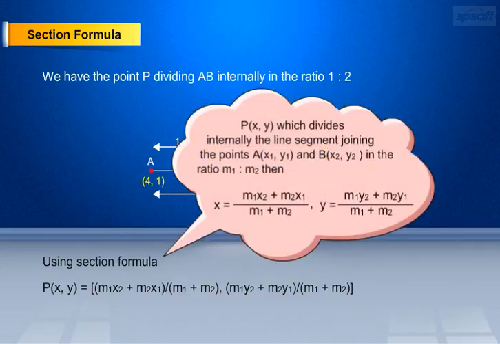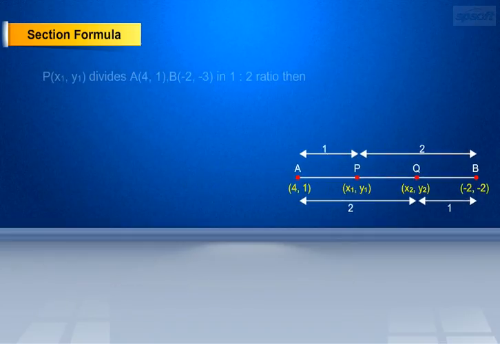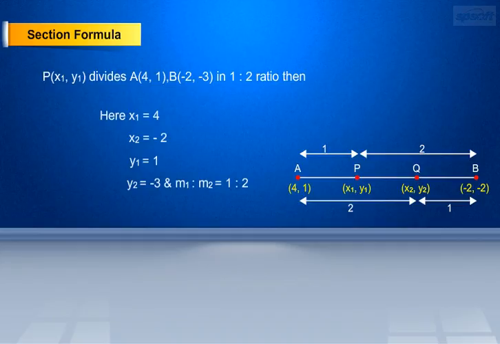Using the section formula, P(x, y) equals ((m1x2 + m2x1) divided by (m1 + m2), (m1y2 + m2y1) divided by (m1 + m2)). P(x1, y1) divides A(4, 1), B(-2, -3) in 1:2 ratio. Here x1 equals 4, x2 equals -2, y1 equals 1, y2 equals -3, and m1:m2 equals 1:2.